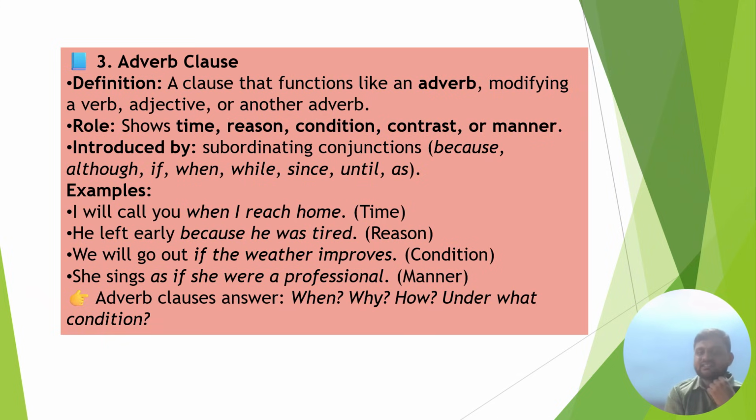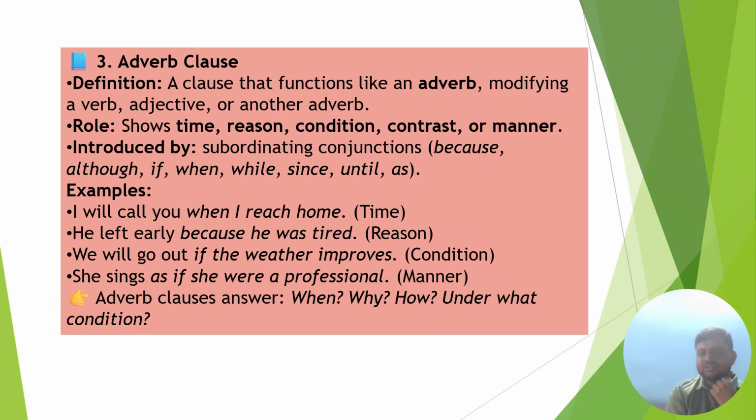The second sentence is he left early because he was tired. This shows the reason of the person leaving early. This is also a criterion which qualifies a sentence as an adverb clause. Then we have a sentence which shows the condition: we will go out if the weather improves.